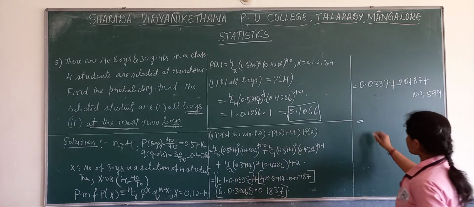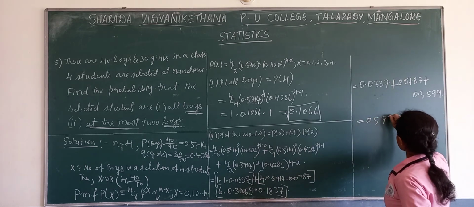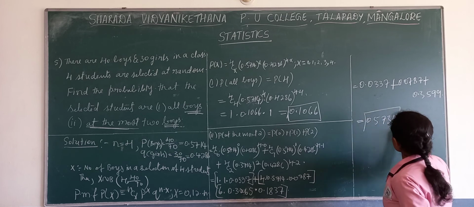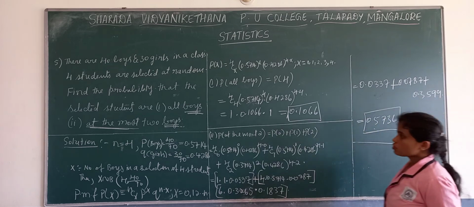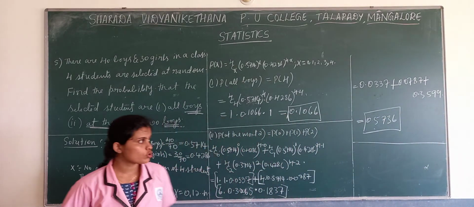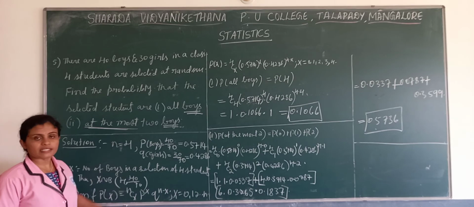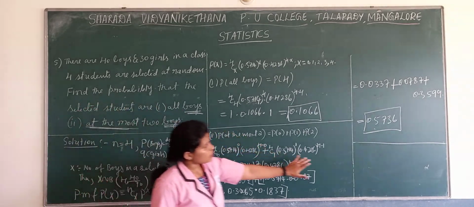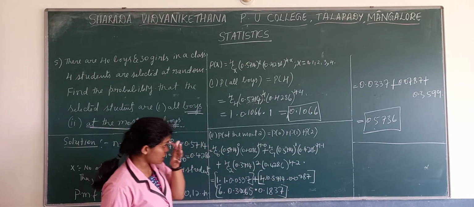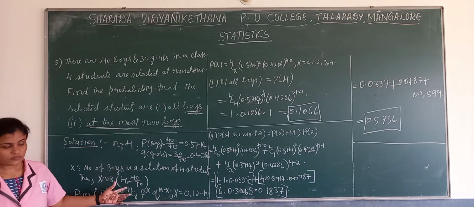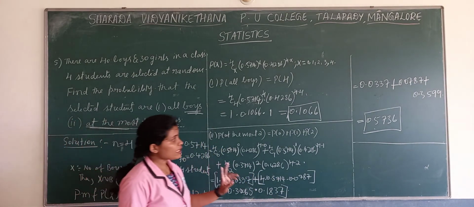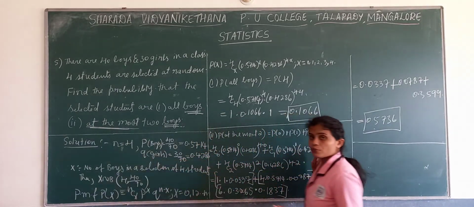When you add this, you get 0.5736. So this is for at the most 2 boys. There may be a calculation mistake, so once you calculate, check it. Mainly it is the calculation part, I hope you are clear.